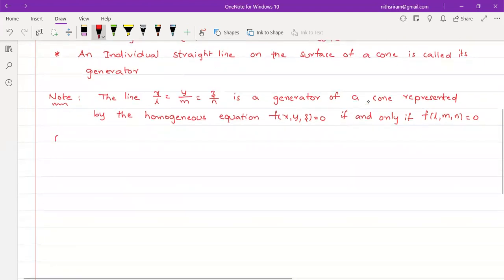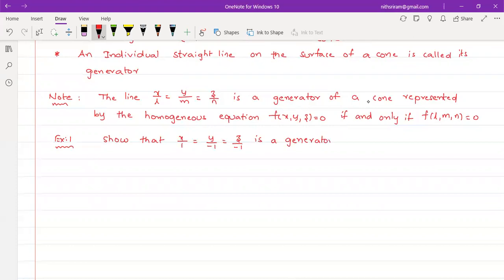For example, example 1: show that x by 1 is equal to y by minus 1 is equal to z by minus 1 is a generator of the cone 5yz plus 8zx minus 3xy is equal to 0. Yes, this is the cone equation.